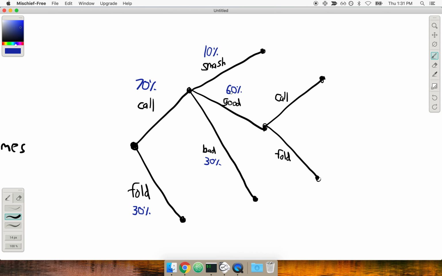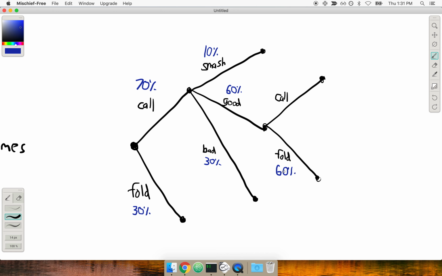hand. Okay, so now we got our 3-bet called, and we have a good flop, and we decided to c-bet. So now, what are the chances that they call our c-bet, and what are the chances that they fold? And I'm going to say that we're a little bit fortunate, and they're folding 60% of the time to our c-bet.